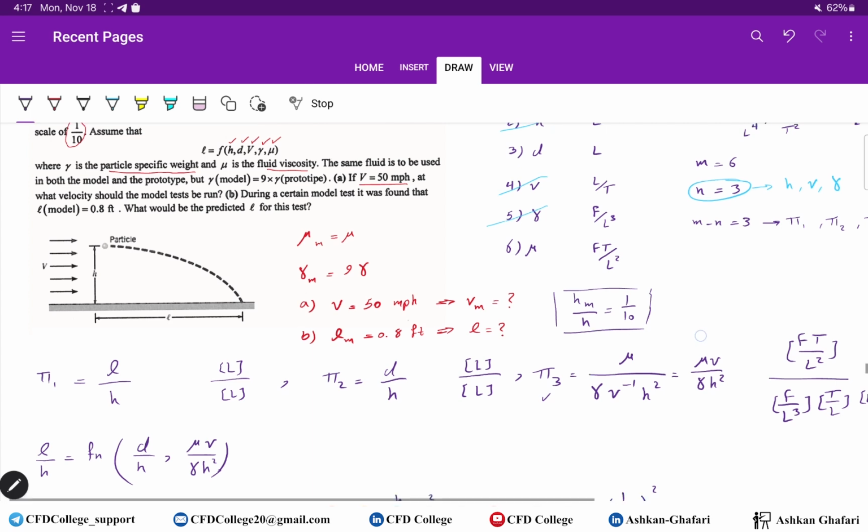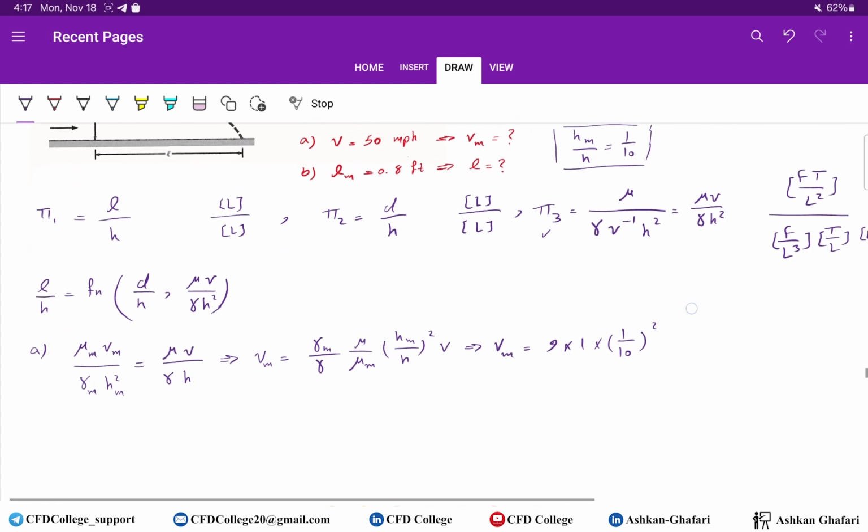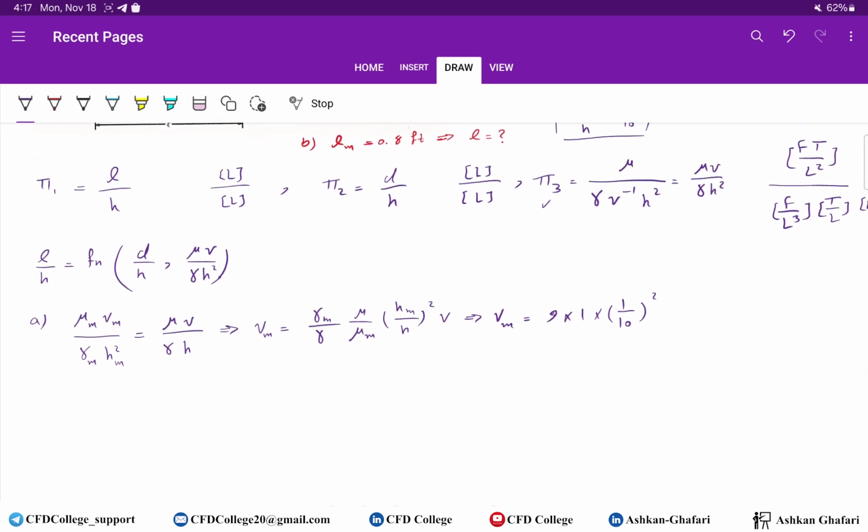The model, mostly, or maybe all the time, is smaller than the prototype. And we have the velocity. The velocity was 50 miles per hour. So Vm equals 4.5 miles per hour.